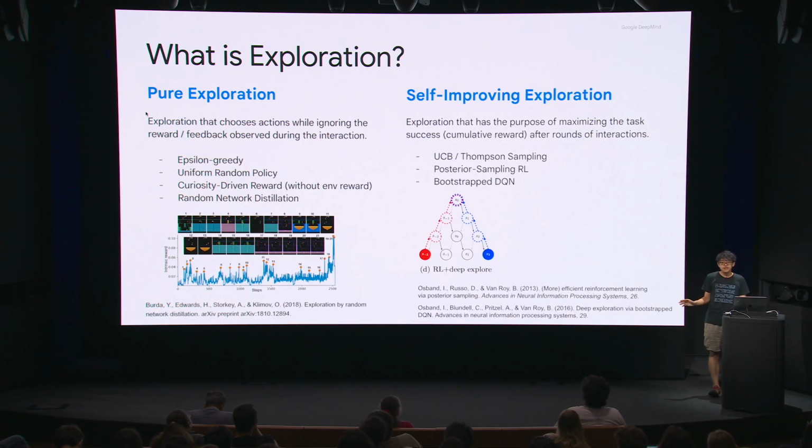However, the type of exploration I want to focus on here is self-improving exploration. So what does this actually mean? This means that we're exploring with this very explicit purpose of trying to solve the task as fast as possible and trying to earn as much reward as possible.